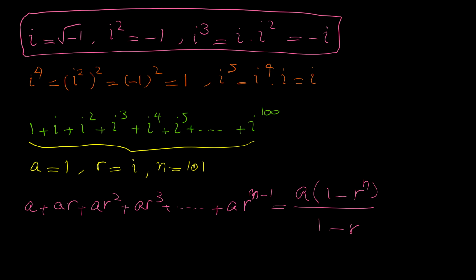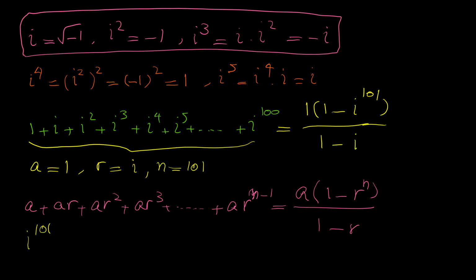Based on the formula that we have here, the sum equals a, which in this sum is 1, times 1 minus ratio, I, to the power of 101, all over 1 minus ratio, which is I.